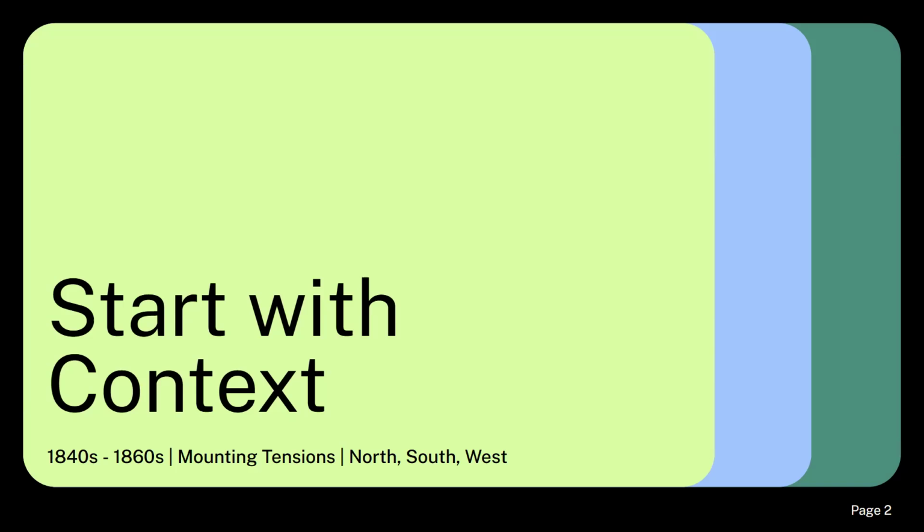Some historians look at it as a period of westward expansion. The reason I like the idea of sectional crisis is because it involves all three components of the American empire at the time. And it has to do with mounting tensions, increasing conflict, eventually irreconcilable differences.